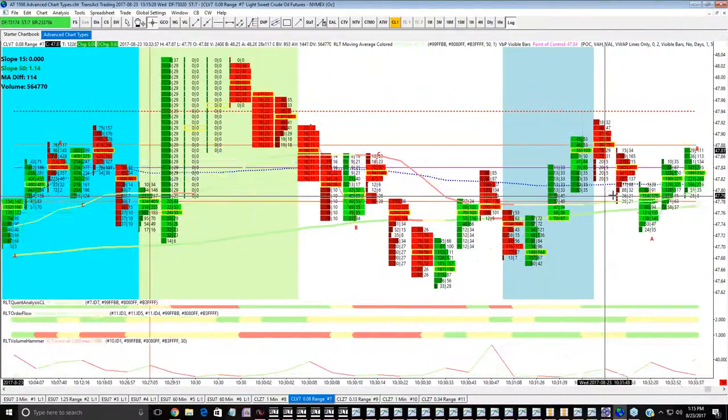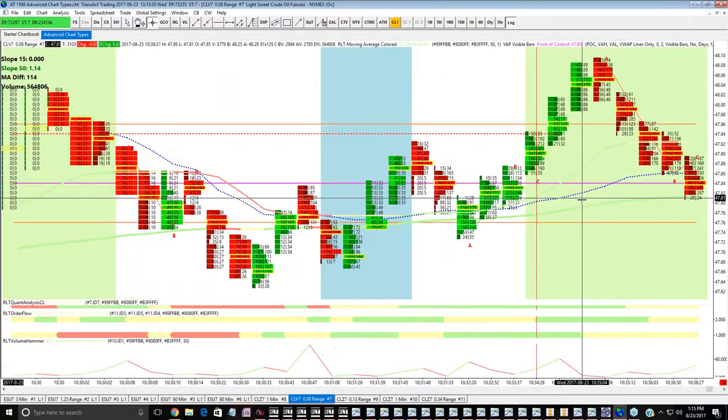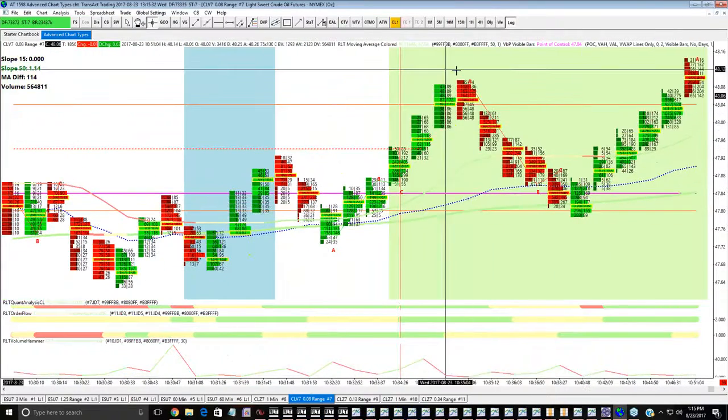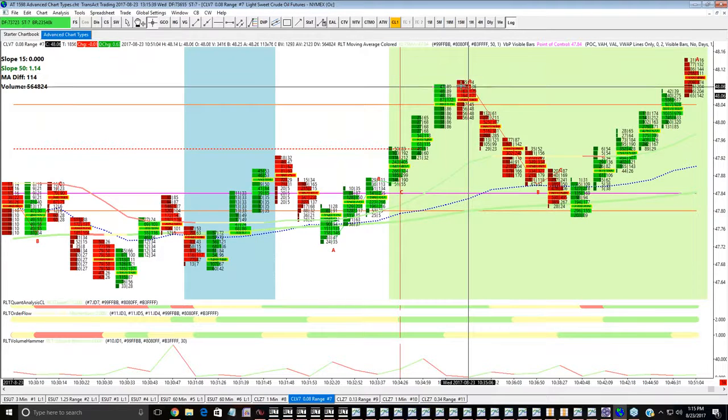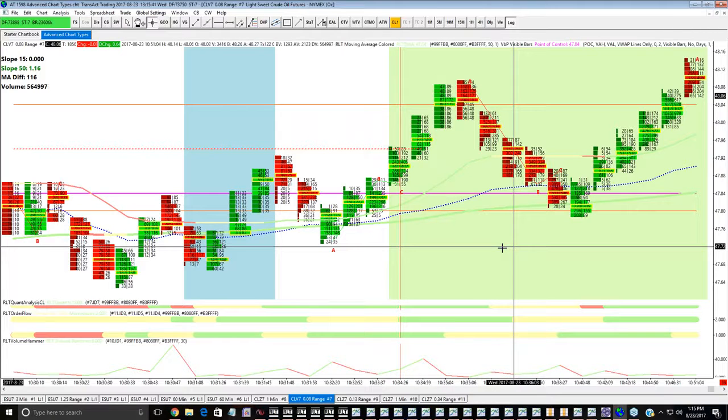Now, what you get, and I happen to like quite a bit, you'll notice I don't have the delta. I don't like it on Ninja. We took it off. And I don't like it on Sierra. It's gone. I really don't care about the delta of any given candle, because I want to make a distinction between the two different types of volume showing in these candles versus the candles on NinjaTrader.